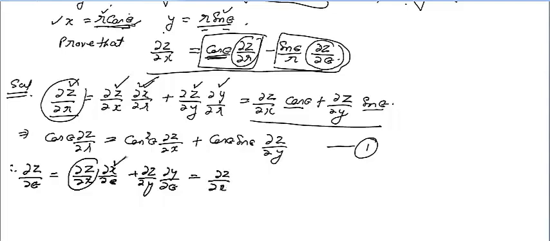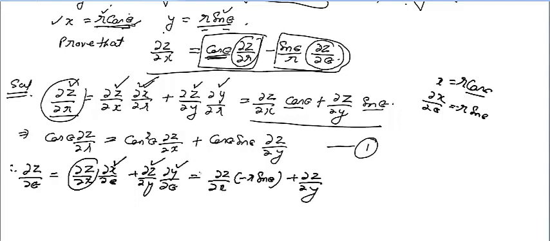Derivative of X with respect to theta: you have X equal to R cos theta. When you differentiate X with respect to theta, R is a constant, it will be outside, and the derivative of cos theta is minus sin theta. So you will get minus R sin theta. Correct? So similarly, ∂Z/∂Y will be as it is.